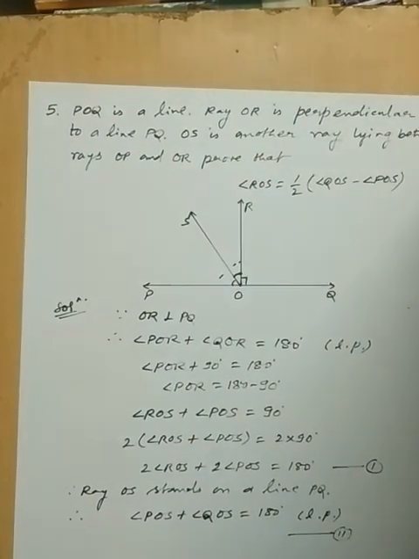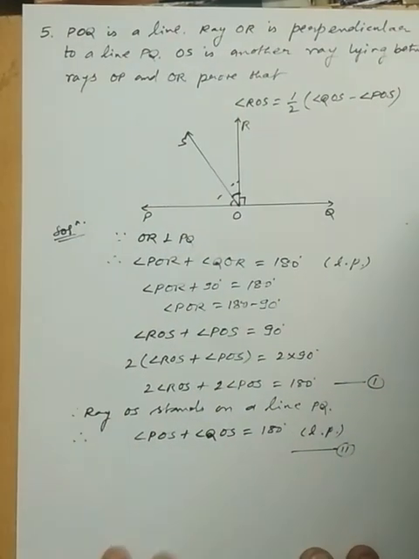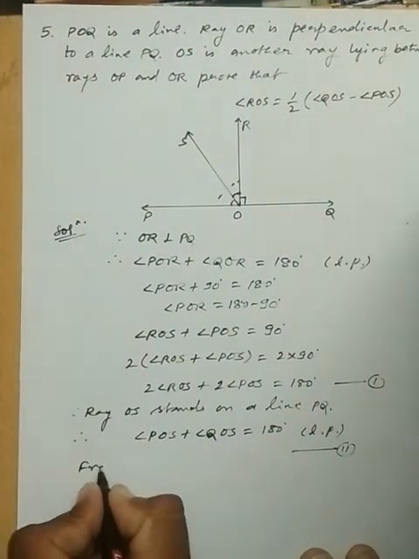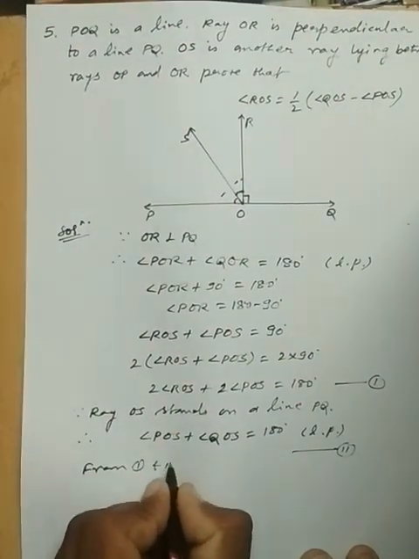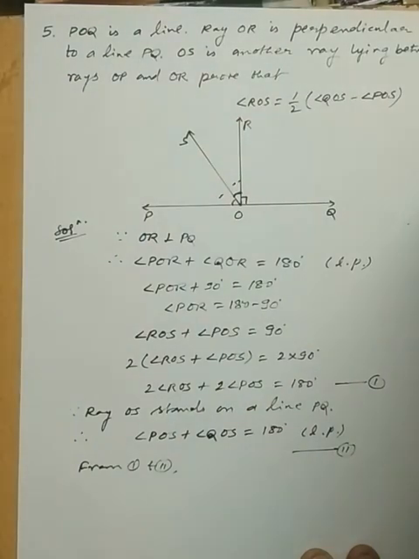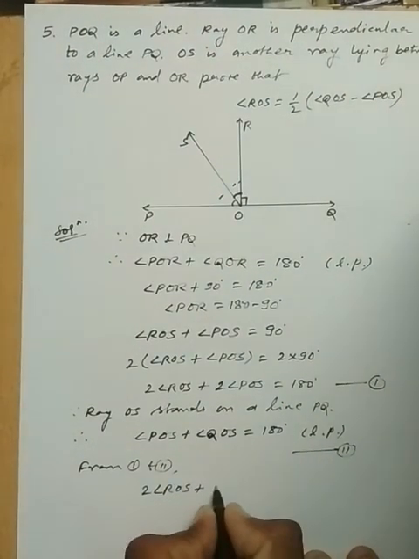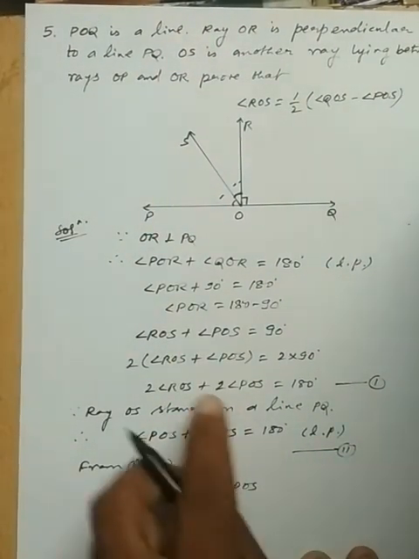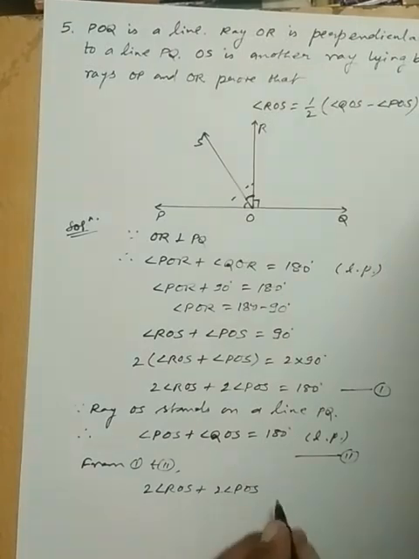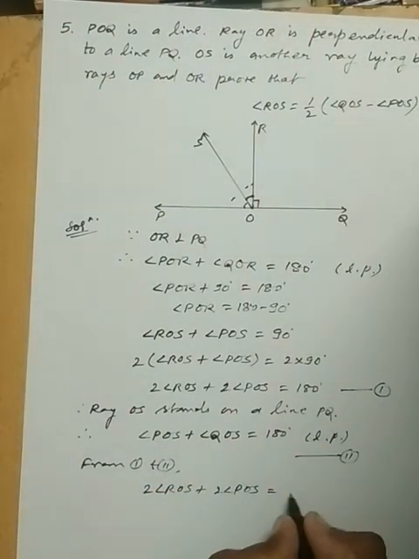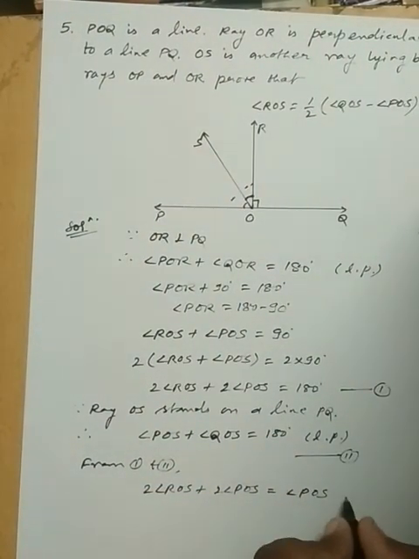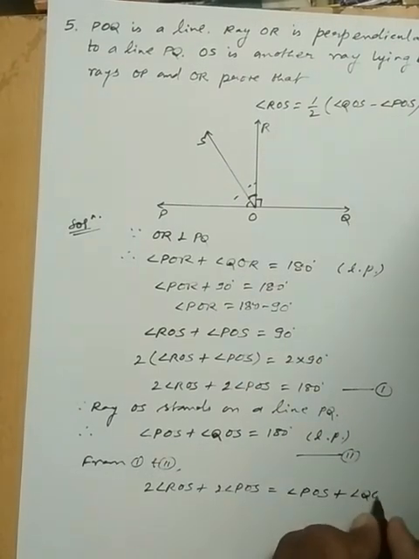This is equation second, and from equations first and second, both are equal to 180 degrees. So twice ROS plus twice POS in equation first is equivalent to POS plus QOS.